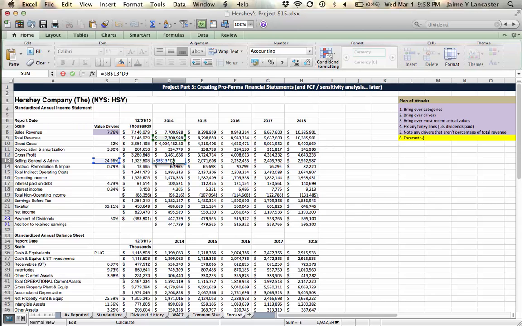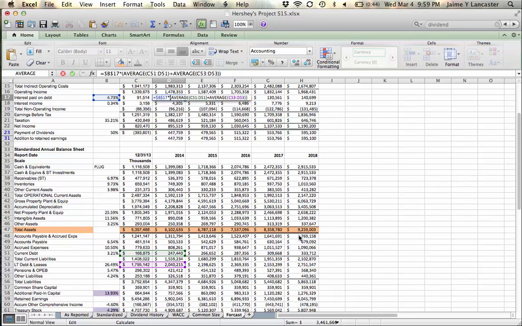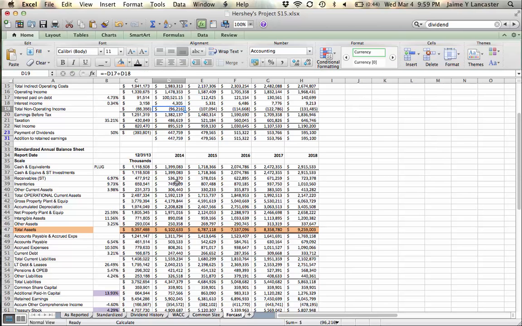Right? I especially check things like depreciation and amortization, which need to be a value driver multiplied by an average. Just like interest paid on debt, which needs to be a value driver multiplied by the averages of two columns. Or interest income, right, which is another one based on an average.